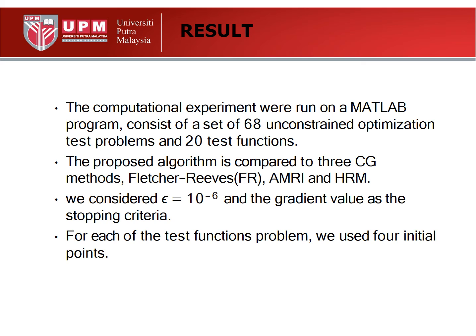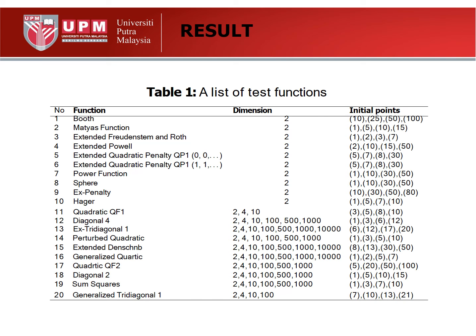The proposed algorithm is compared to three other conjugate gradient methods, which are Fletcher-Reeves, RMIL, and HRM. For each test function problem, we use 4 initial points. This is a list of test functions, consisting of a few dimensions and 4 initial points.